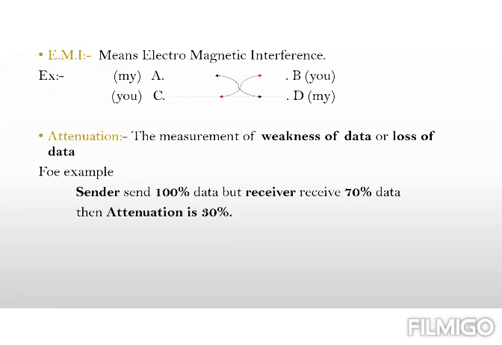After the band usage, we are moving to a very important characteristic, that is EMI, electromagnetic interference. Students, concentrate on the word interference. What is electromagnetic? The cable used for transmission media is an electromagnetic cable.